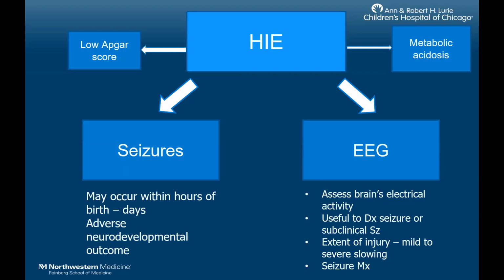And we also know that when the EEG becomes normal, or there's early recovery from severe background abnormal changes within the first 24 to 36 hours, that can show the clinicians that this is a good prognosis for the future.